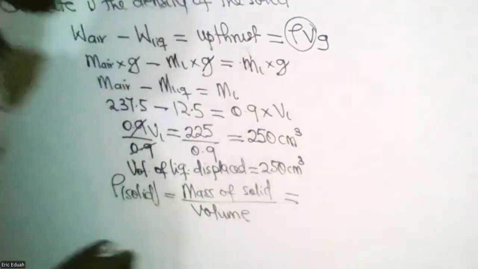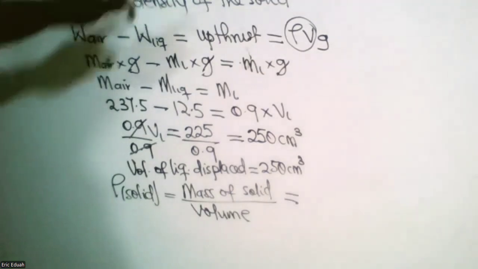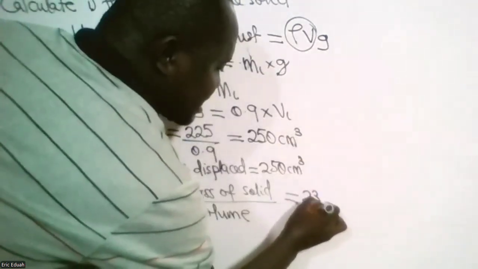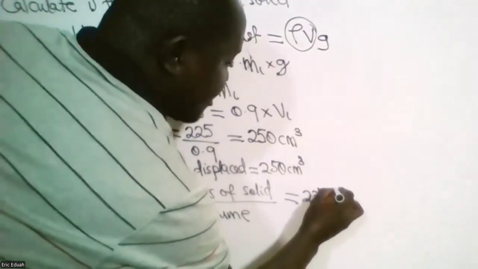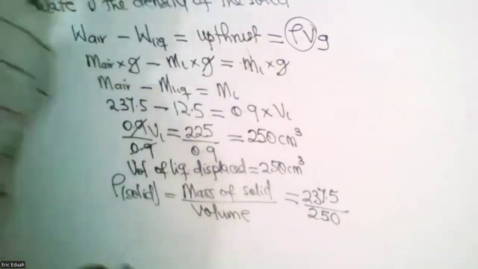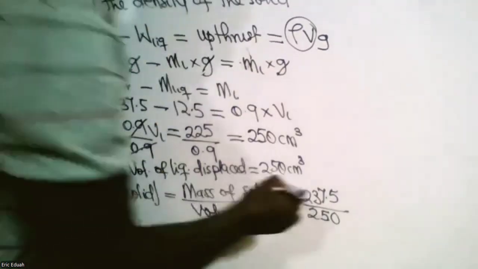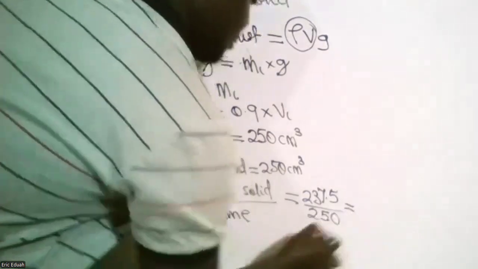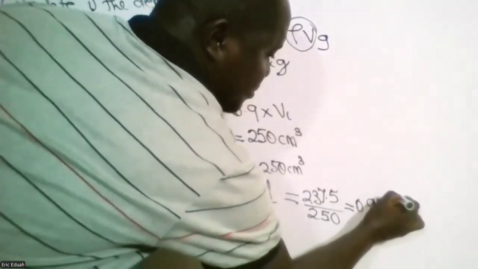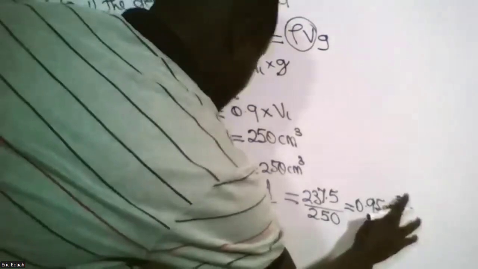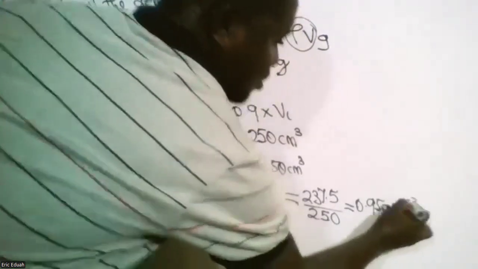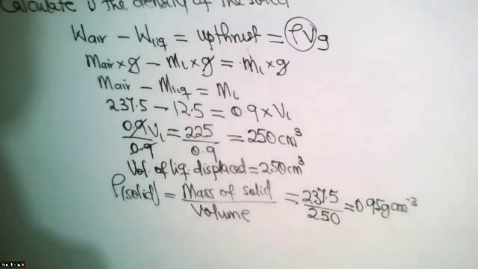So the mass of the solid is 237.5, its mass in air, divided by 250. And it is 0.95 density, so gram per cm cube. So that's it. It's not a difficult question.